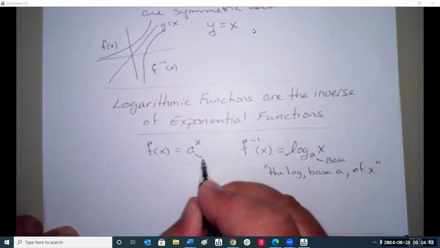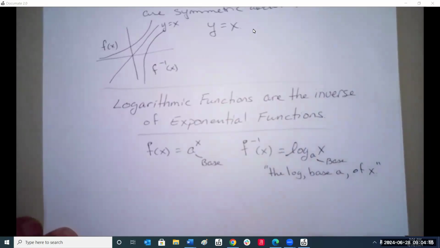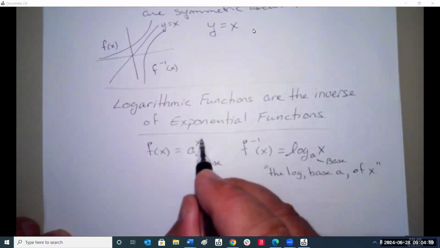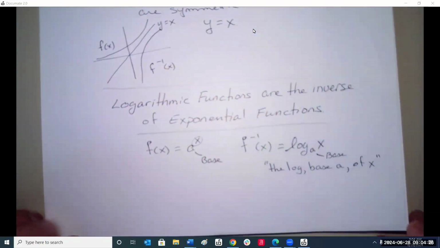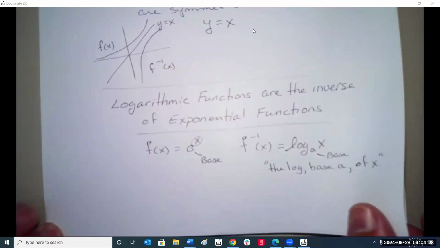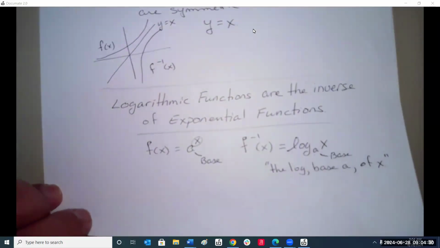It's the same base as the exponential function. And the x's go there. All right, so that's how the logarithmic functions and the exponential functions are related.